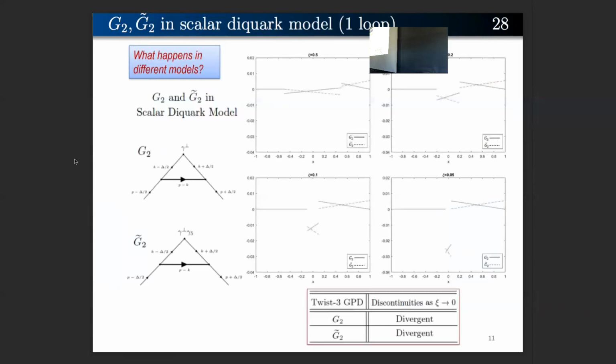I try to avoid talking about the instantaneous lines. The way we do the calculation is you calculate it like a vertex correction, except you don't integrate over k plus, because the k plus gives you the x dependence.